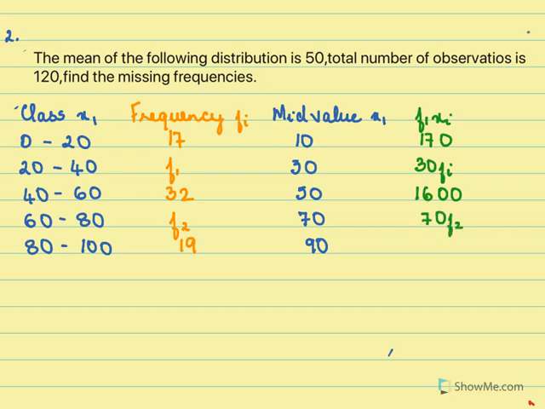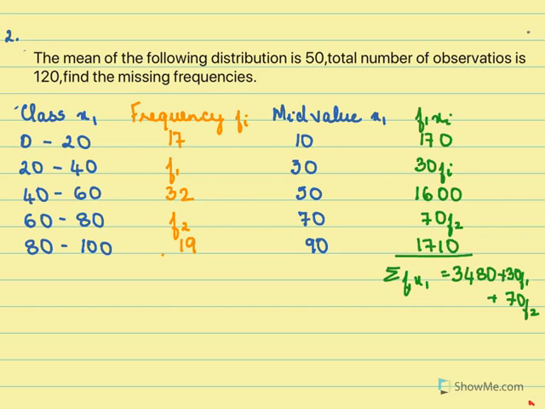And 19 into 90 is 1710. Next, we need to find the sum sigma Fi Xi. So when we add this, we get 3480 plus 30 F1 plus 70 F2.